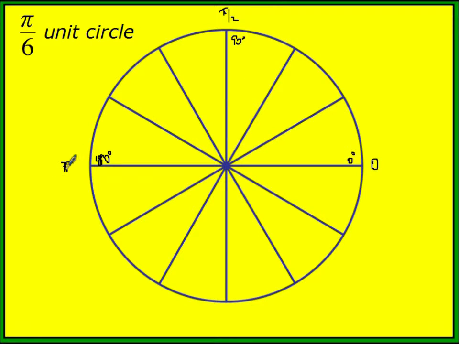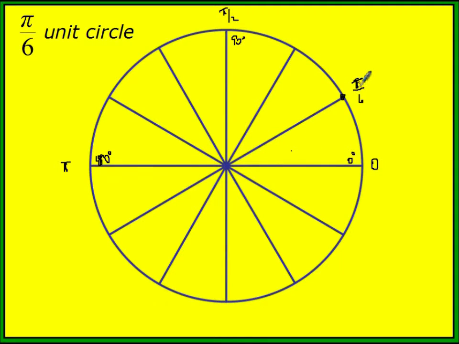Another way to say that is, let's look at pi. How many sections have we split pi into? 1, 2, 3, 4, 5, 6. 6 parts. So really this is 1/6 right here. That's 1/6 of pi, so it's pi over 6.